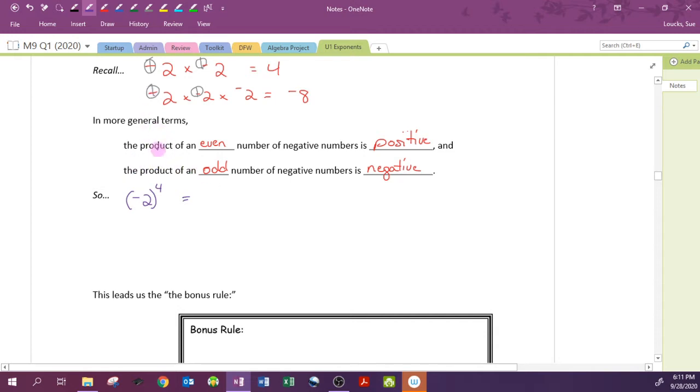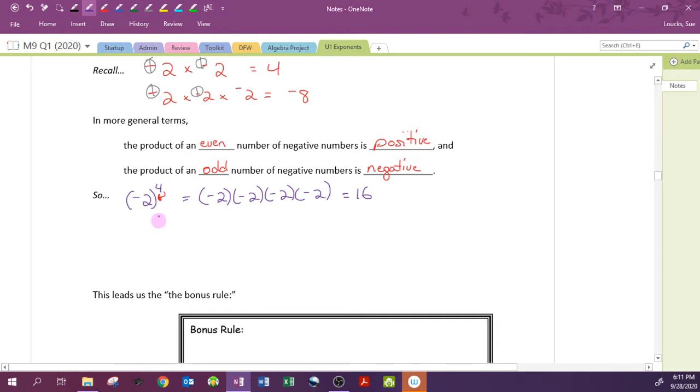So we do the bonus rule first. The bonus rule is that the exponent affects what it's touching and only what it's touching. And in this situation, the exponent is touching the bracket. So this means that this is negative 2 times negative 2 times negative 2 times negative 2, which is 16.